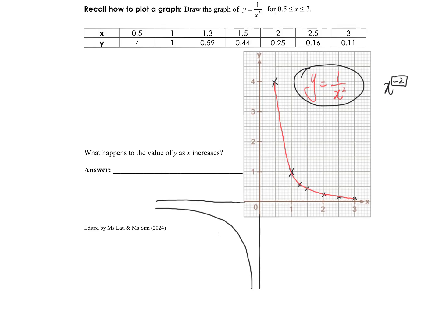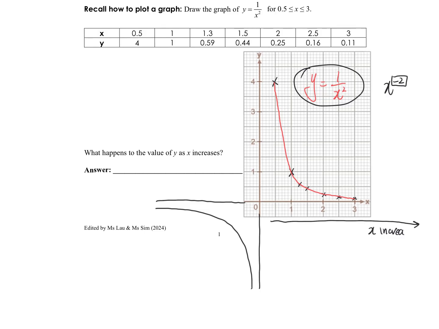Yes. Okay? So they ask you to observe what will happen to the value of y as x increases. So when x becomes bigger and bigger, what happened to the value of y? It becomes smaller and smaller until it is almost touching the x-axis.